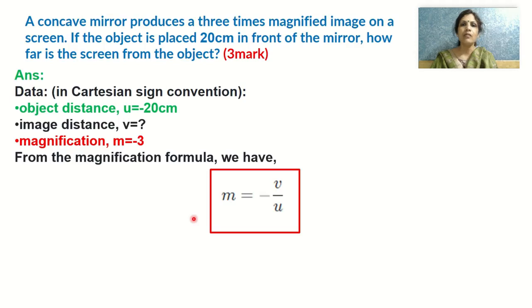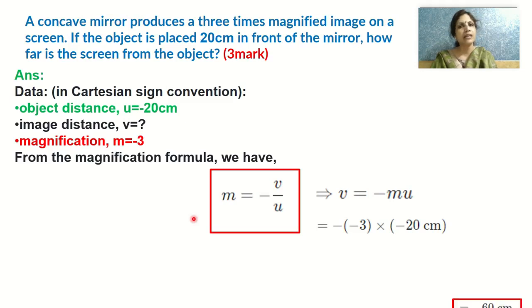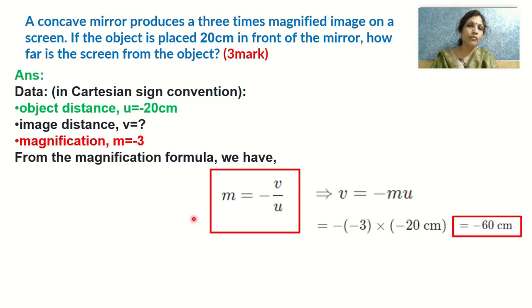We can convert this formula to get v, so v is equal to -mu. Let's substitute the values. Minus of -3, because magnification is -3, into u is -20, and we get the value as -60 centimeter. So v, that is the image distance, is -60 centimeter.